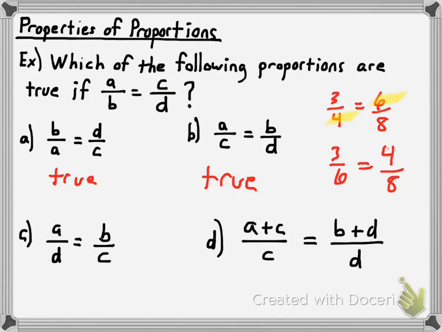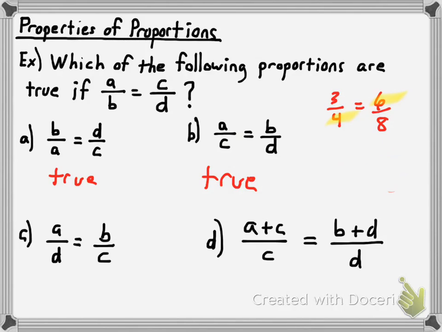Okay, well, now let's look at how I manipulated the original proportion to make the proportion in part C, or what we think might be a proportion. What I did basically is I made a ratio out of the extremes, and I made a ratio out of the means, right? A is to D as B is to C. Now, does that work to make a new proportion?